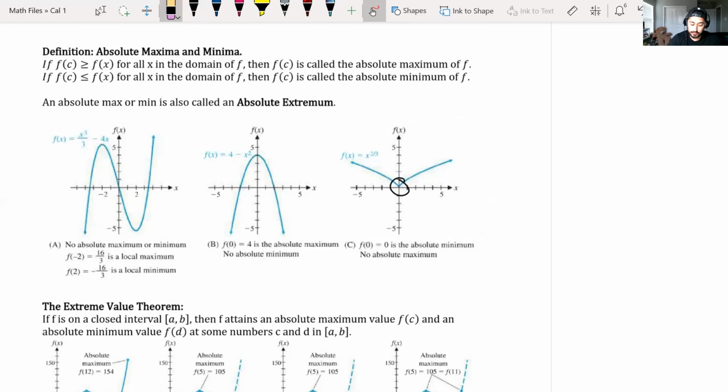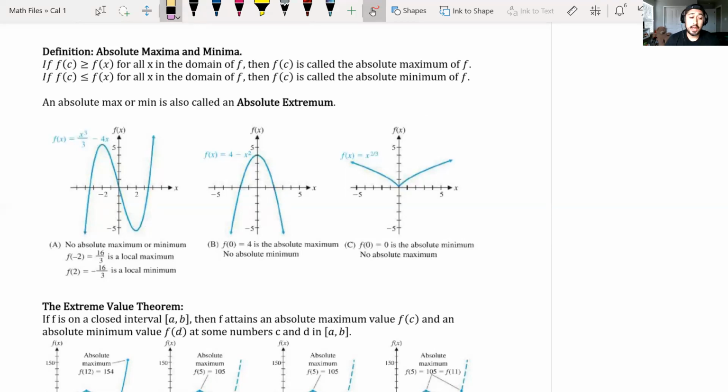Okay, and then picture 1 has a local max and a local minimum, but it does not have an absolute max or minimum because this tail is headed towards infinity and that tail is headed towards negative infinity. This means there is no absolute high point and no absolute low point. Okay, so there's your difference.